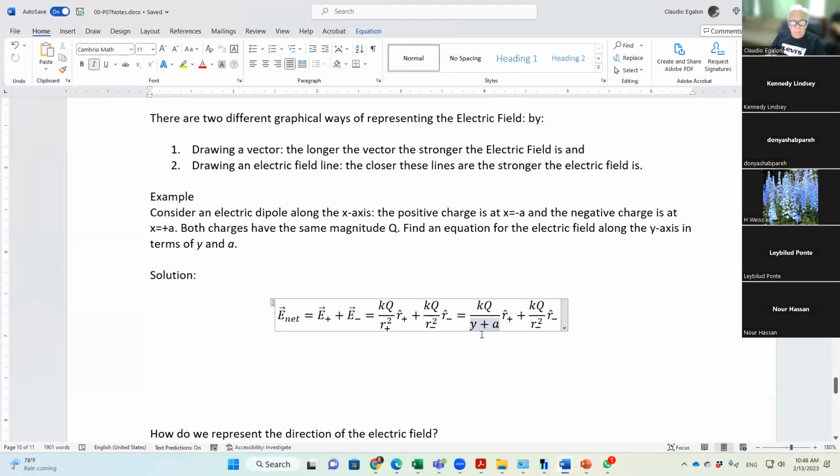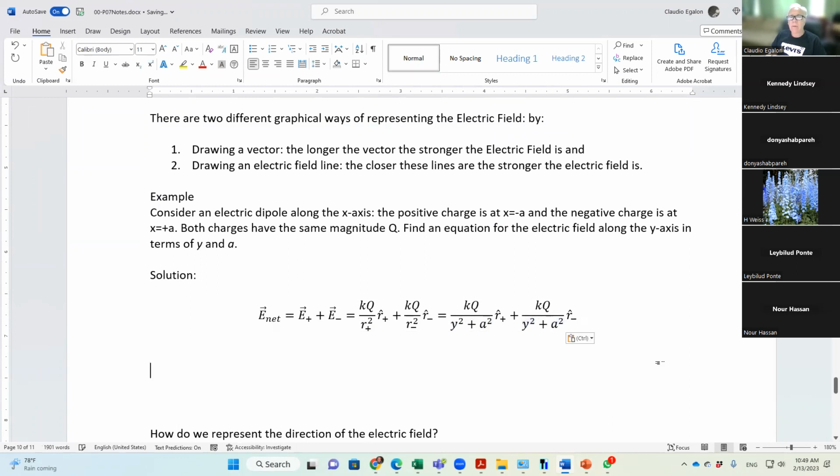Makes sense? But because we're squaring the r plus, the square root disappears here. The same thing can be said about the other r minus. Right angle triangles, so they have the same denominator.